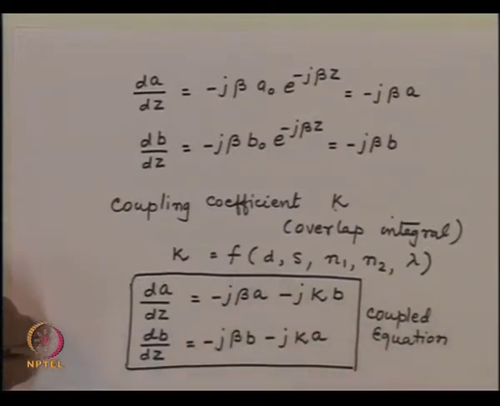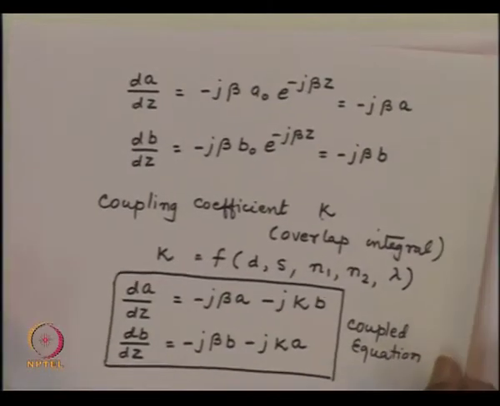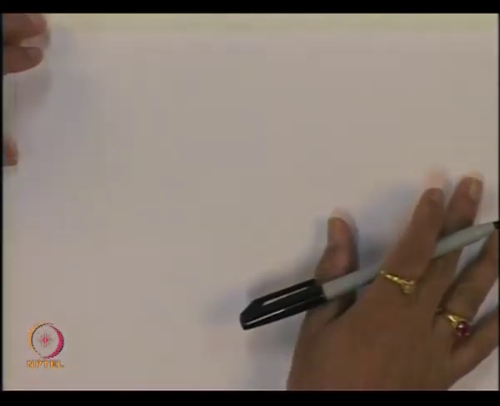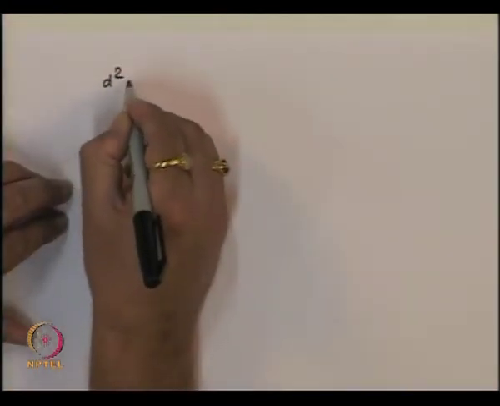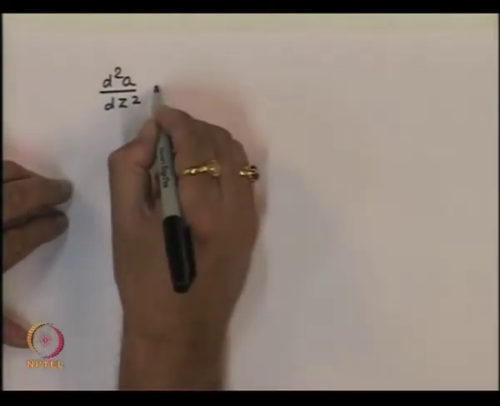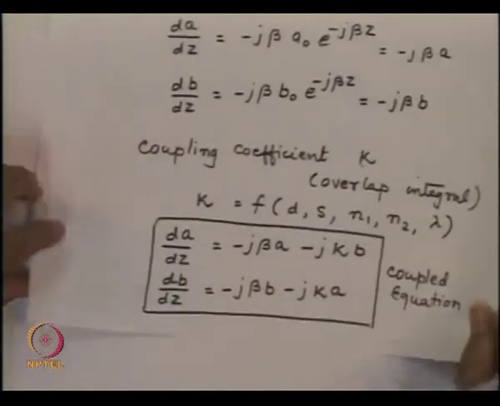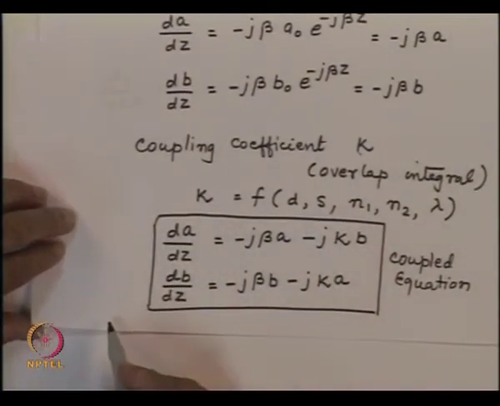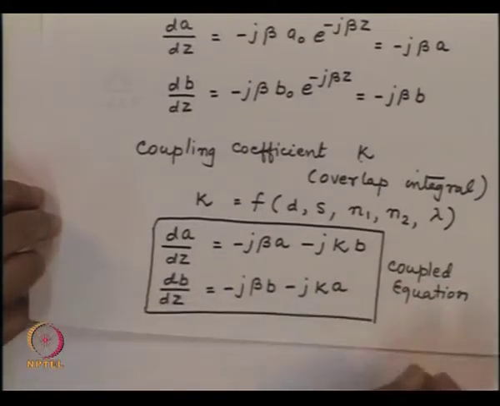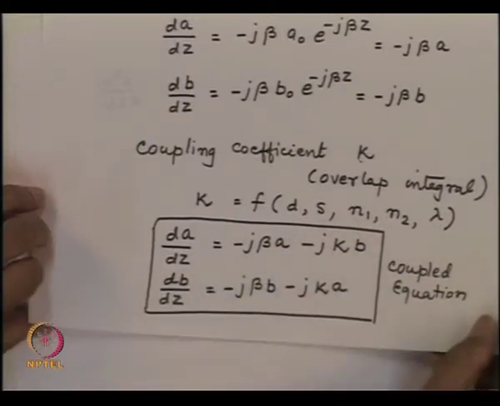So this we can analyze essentially by decoupling these equations, and that is done by taking one more derivative of this and substituting from the second equation here. We can get d2A by dz square, that is, I am differentiating this equation now with respect to z. So we get minus j beta dA by dz minus j k dB by dz. Beta and k are not functions of z.